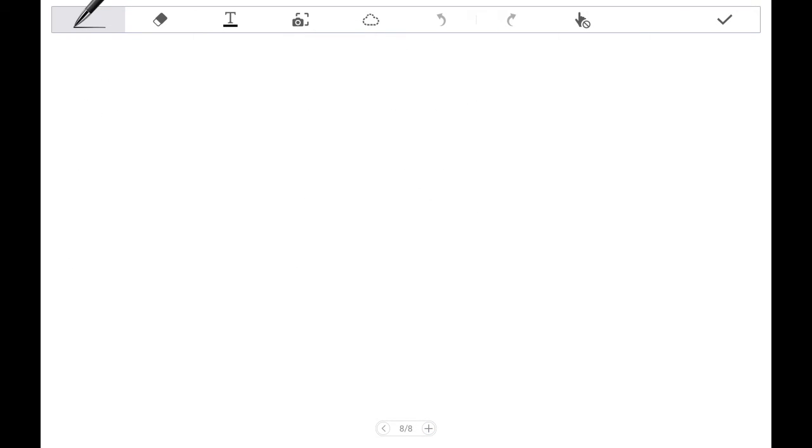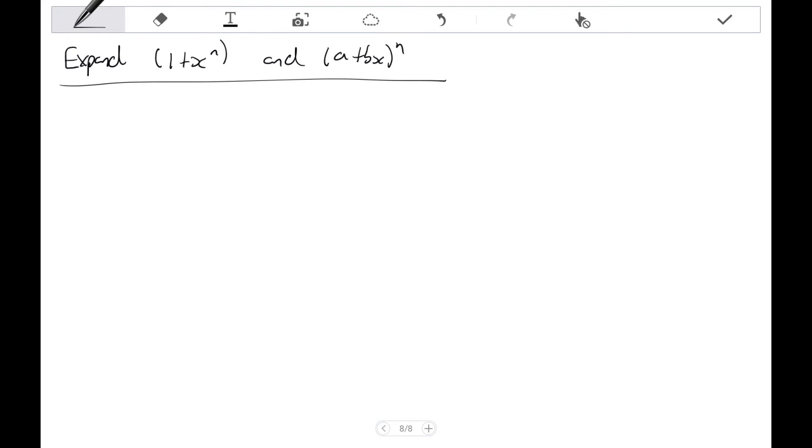The last part of this chapter is that we need to be able to expand 1 add x to the n, and then use it to expand a plus bx to the n. So 1 add, sorry, that n is in the wrong place.